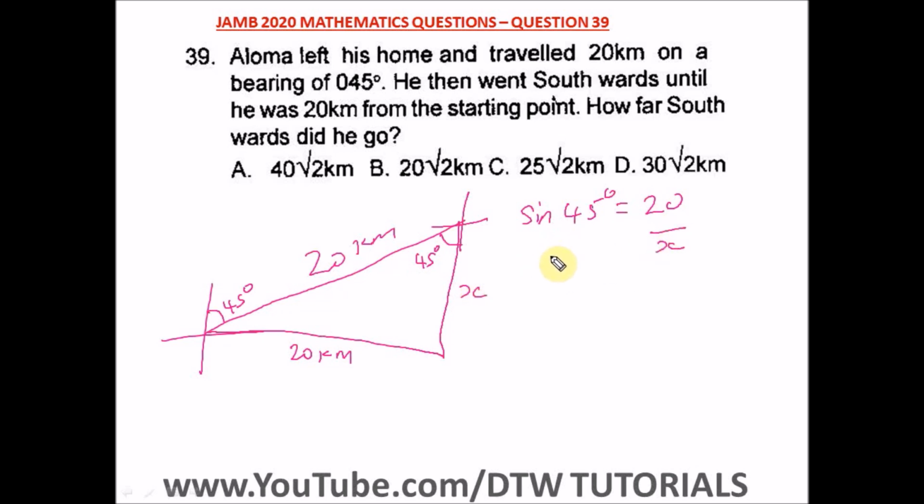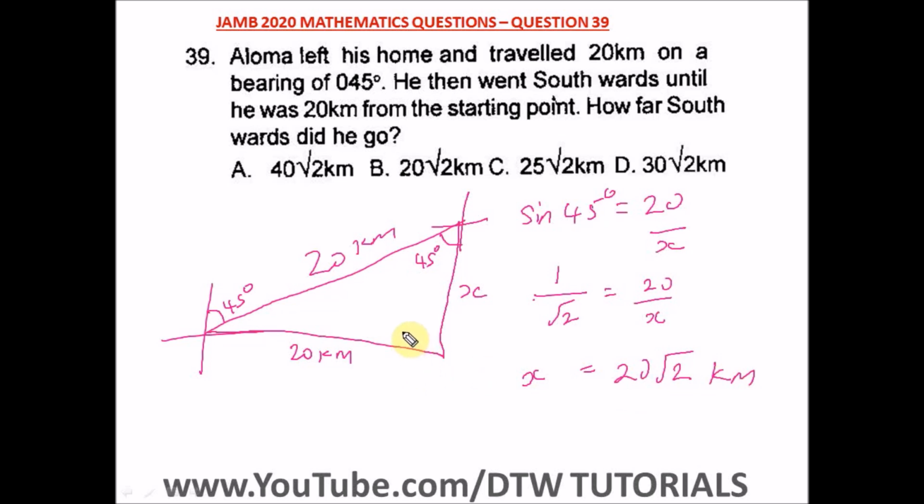And remember, in the short form, sine 45 is the same thing as 1 over root 2 is equal to 20 over x. Therefore, x is equal to 20 root 2 kilometers.